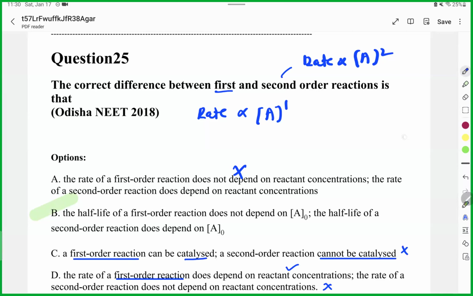Option B we will do once we start with half-life. The half-life of a first order reaction does not depend upon the amount, because its value will be 0.693 by K. That's why.